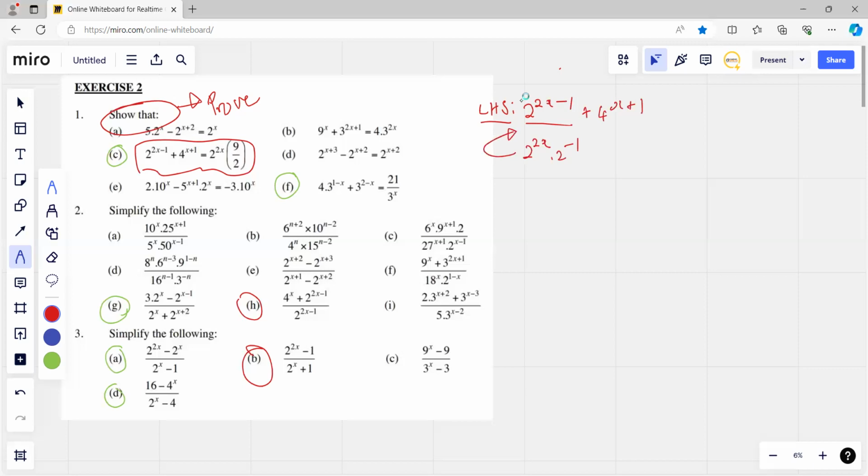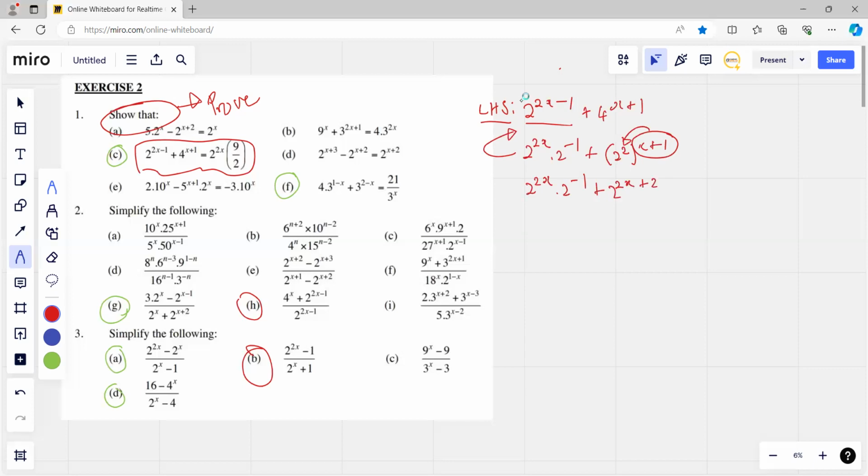Plus, here we know that 4, if we write it in exponential terms, we're going to have 2 squared, then x plus 1. Then 2 to the exponent 2x multiplied by 2 negative 1 plus 2. We're going to multiply this with the 2. Then from here, we're going to have 2x plus 2.